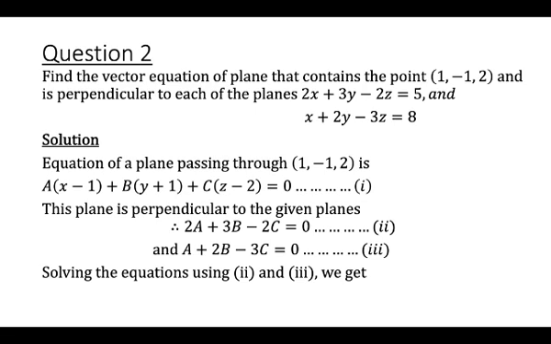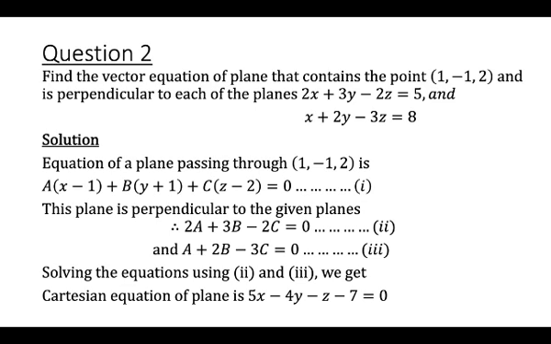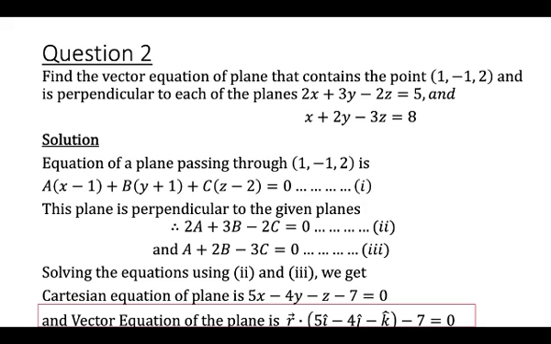I hope you can easily find a, b and c and then put values of a, b and c in equation number 1. We get Cartesian equation of plane 5x minus 4y minus z minus 7 equal to 0. And vector equation is vector r dot (5i minus 4j minus k) minus 7 equal to 0.